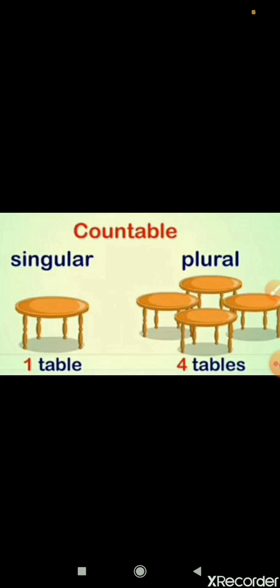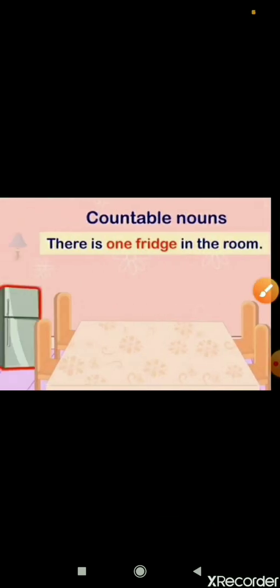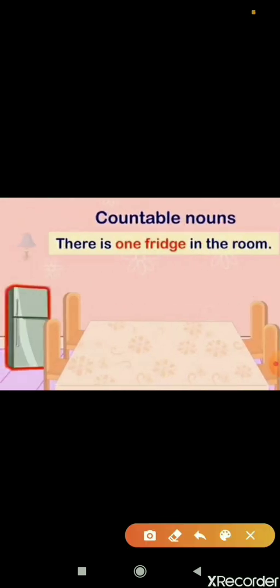Now just see the countable noun in singular and plural, both the forms. Examples are here. 1 table, it's a singular form; plural, 4 tables. Next, there is 1 fridge in the room.